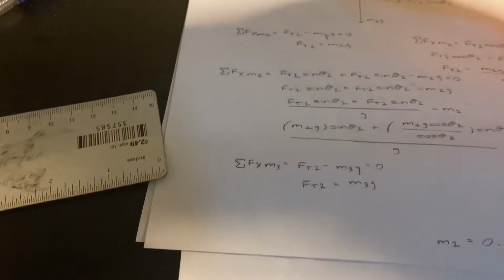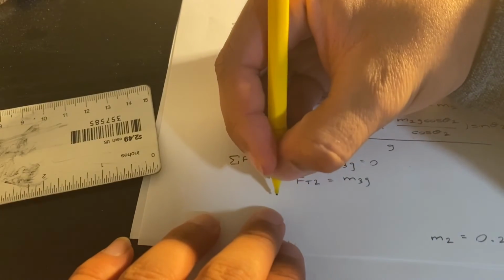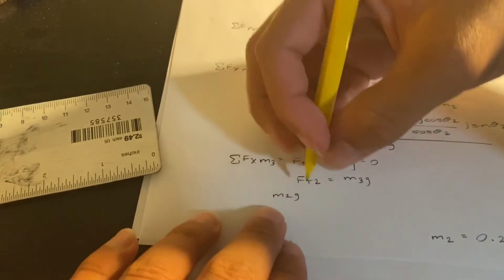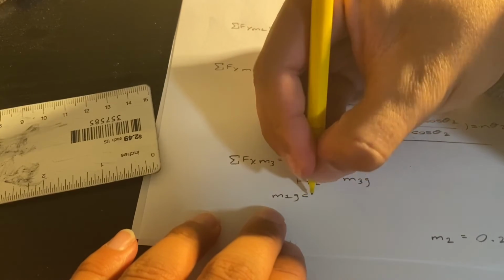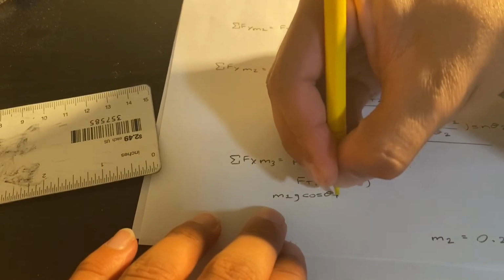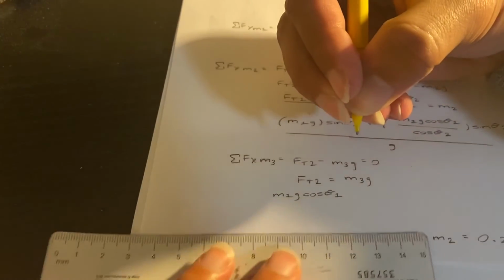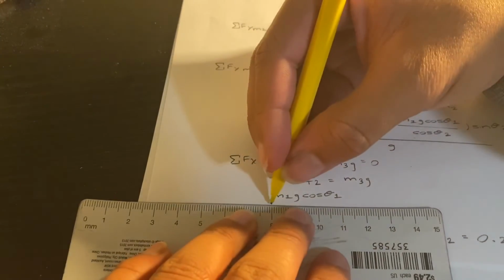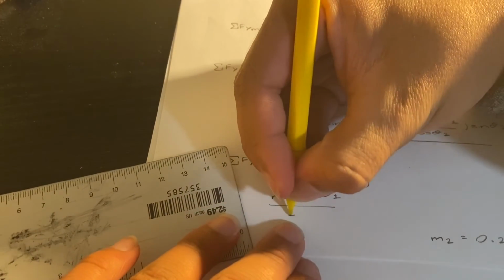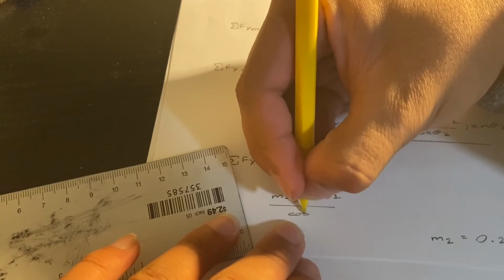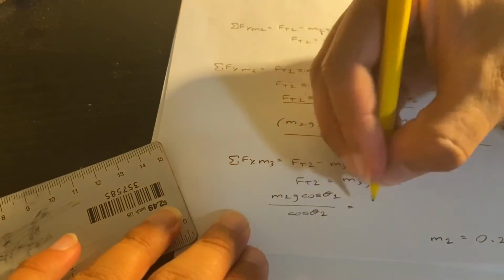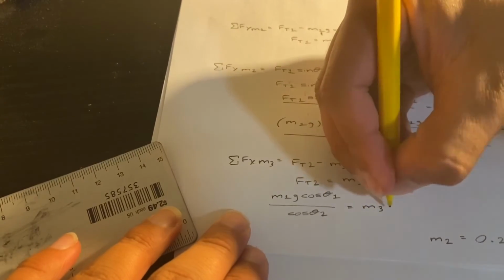Now we will substitute force tension 2 with the equation right here. And so now we get m1g cosine theta 1 over cosine theta 2 equals m3g.